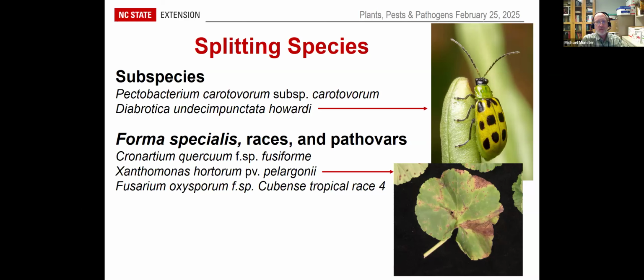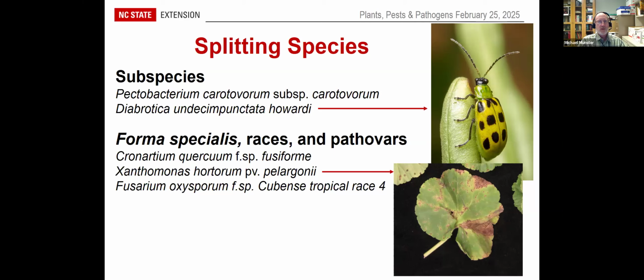In reference to how they interact with plants, there are designations called formae speciales, races, and pathovars. These are more common than subspecies, which really are also not that common for pathogens. Cronartium quercuum forma specialis fusiforme is a division within the species Cronartium quercuum, and that is the one that designates our fusiform rust, the fungus that causes that.